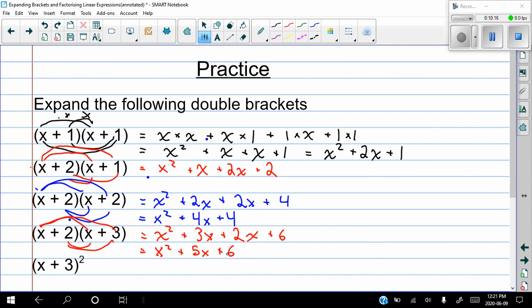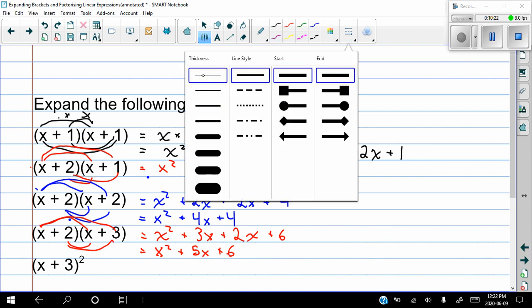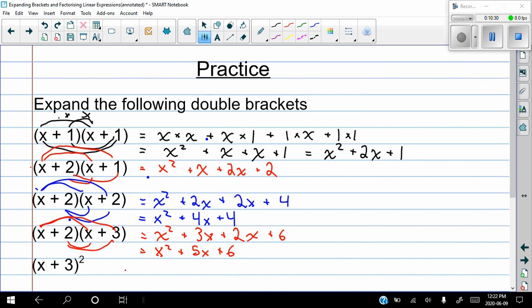This last one looks a little bit different, and I added this one on purpose just to show you where we kind of go with some of this in maths. So when you see something like this, well, what does squared mean? Because it doesn't look like a double bracket right now, does it? But we know that squaring something means that we're multiplying the base by itself.